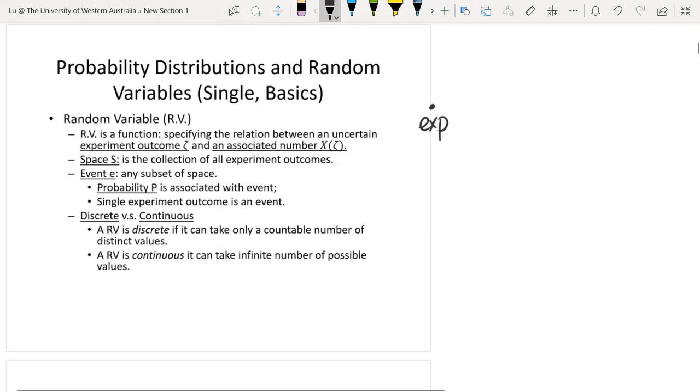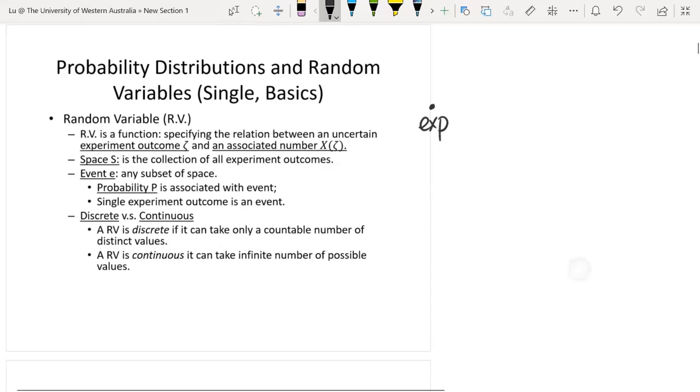This experiment is a general term which refers to any real-world practical operation. For instance, playing a poker card, rolling a dice, or the conduction of any physical experiment. They all can be referred to as experiments.